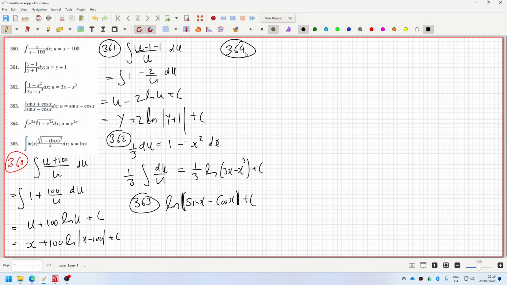364. u equals that. So that means du dx would be 2 times this. So if I put a half in front, then I would have 2e^2x dx. So that would be du. 1 minus u du.